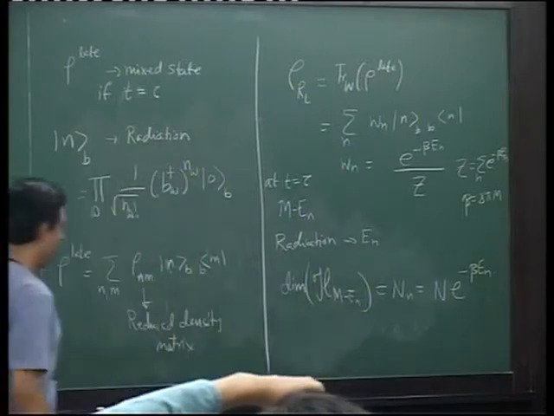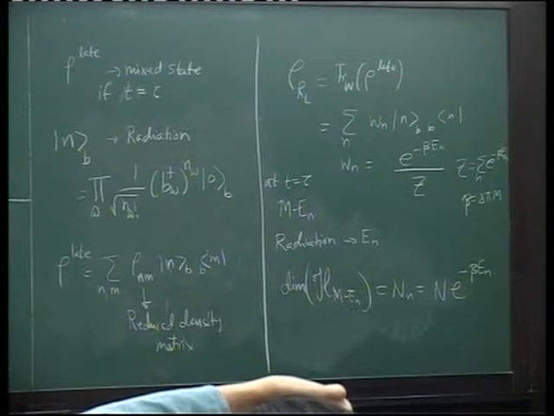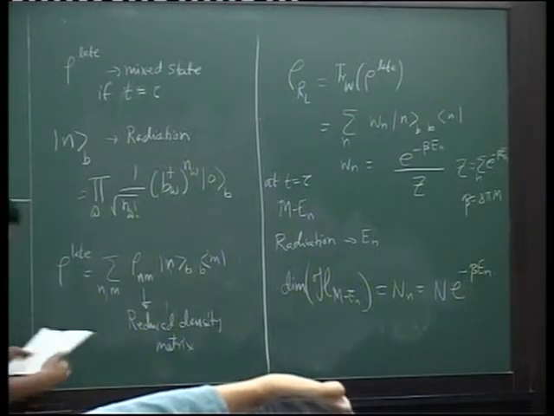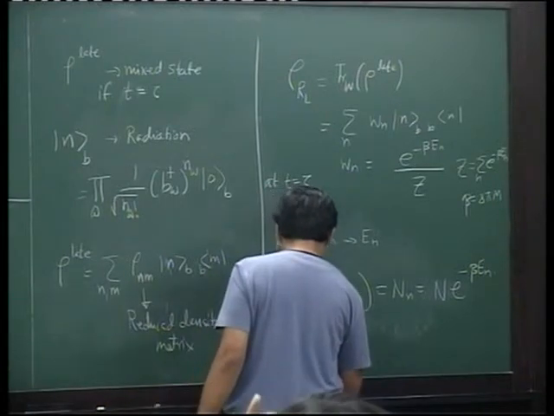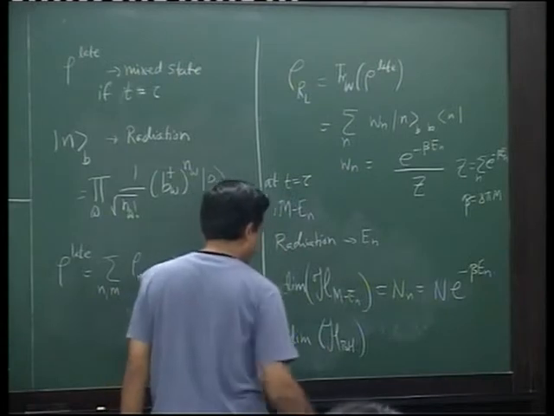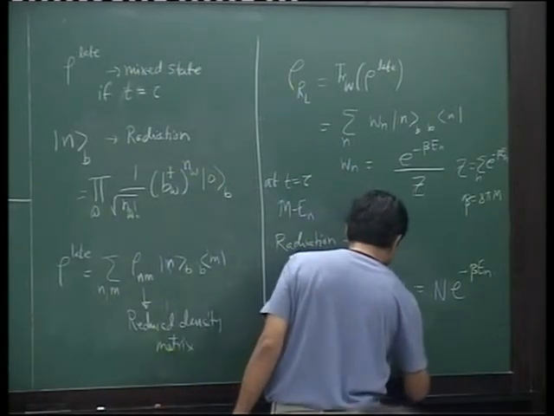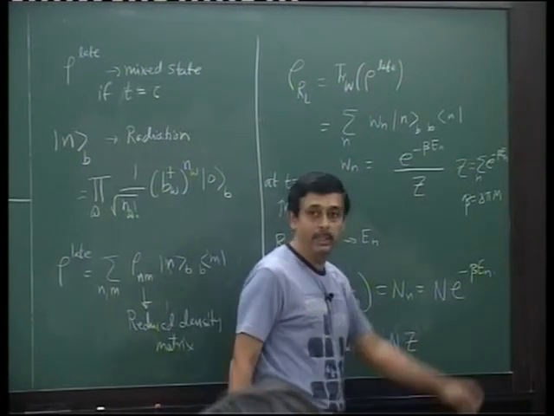If you take this formula and plug it in there, then you find that the dimension of the black hole Hilbert space is going to be n times Z, because there is going to be a sum over n of e to the minus beta En.